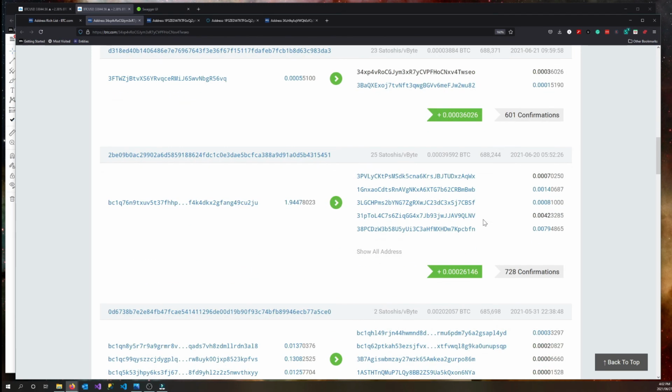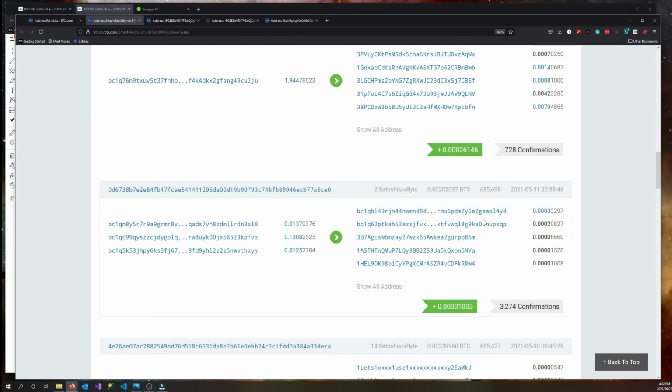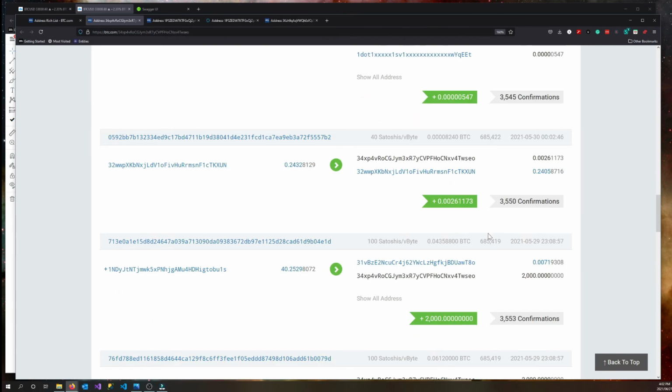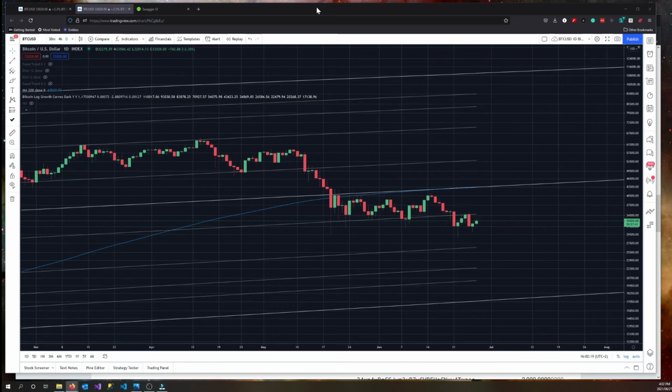That was inconsequential. Nothing much there. Woo, a whopping 2,000 Bitcoins on the 29th of May. And the price on the 29th of May was, wow, around the $35,000 mark as well.